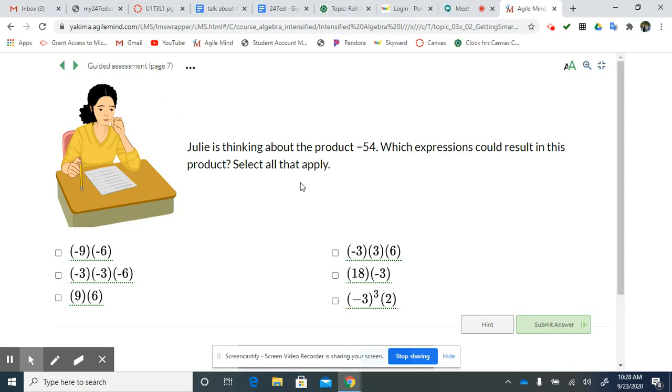I don't want to have to flip back and forth between the screen, so let's just take a minute to write these down. Write down each one of those, the negative 9 times negative 6, and then what's underneath it, negative 3 times negative 3 times negative 6. Write all these down, and then we can decide which ones equal negative 54.